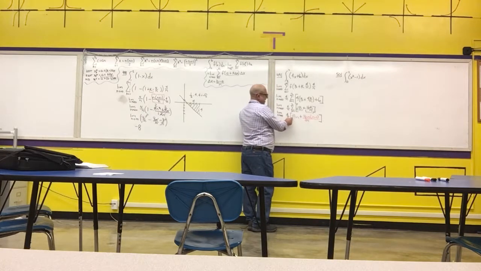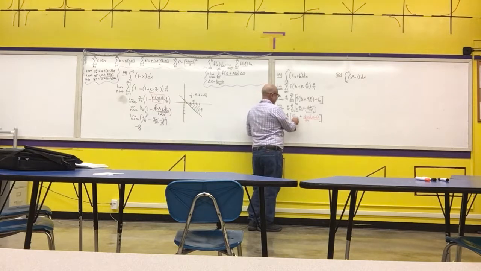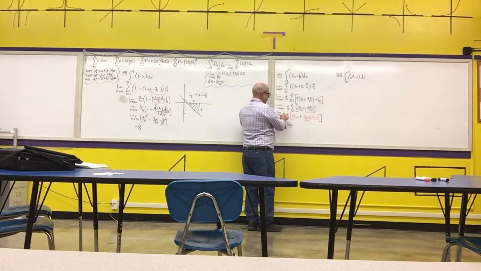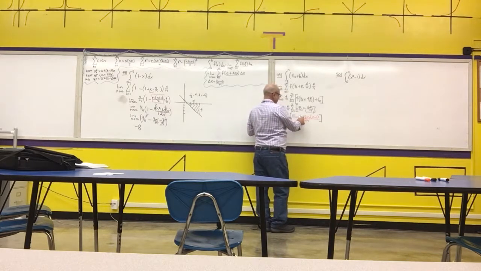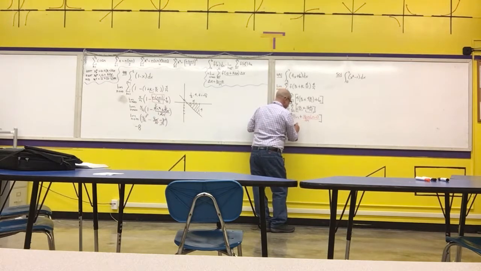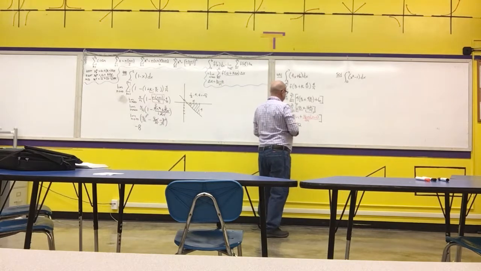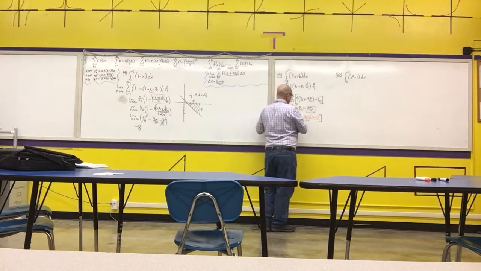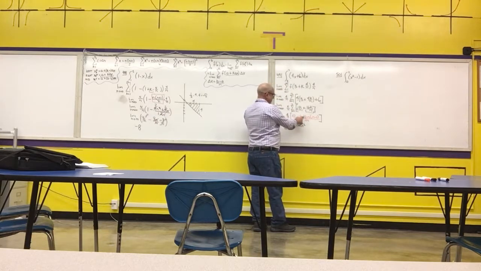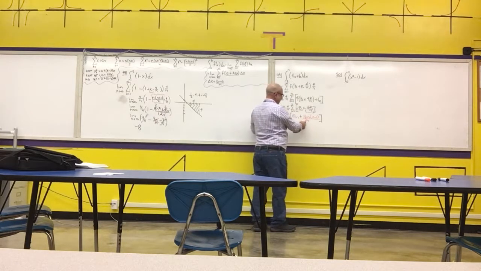Four times 18 is 72, n over n. Four times 16 is 64. 64 divided by 2 is 32, times n squared. 4 times 16 is 64, divided by 2 is 32.